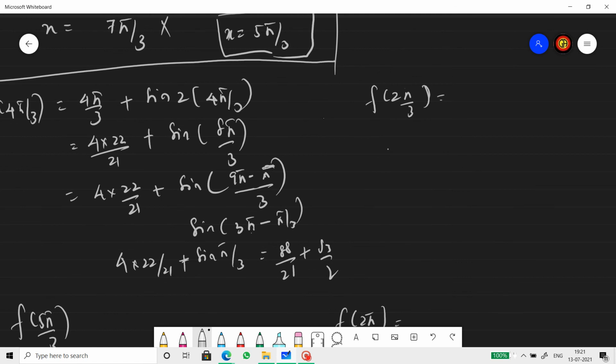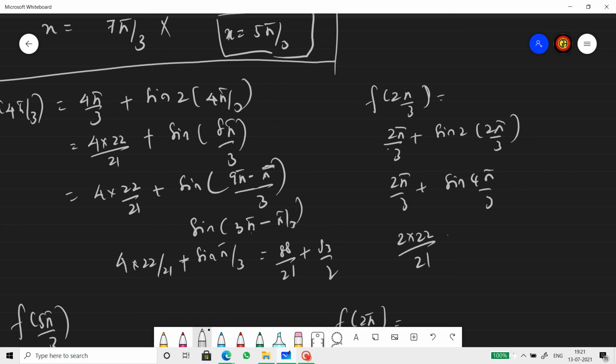And then f of 2 pi by 3. That's 2 pi by 3 plus sine 2 times 2 pi by 3. So 2 pi by 3 plus sine 4 pi by 3. 2 into 22 by 21 plus sine 4 pi by 3, that is 3 pi plus pi by 3, that's also fine.